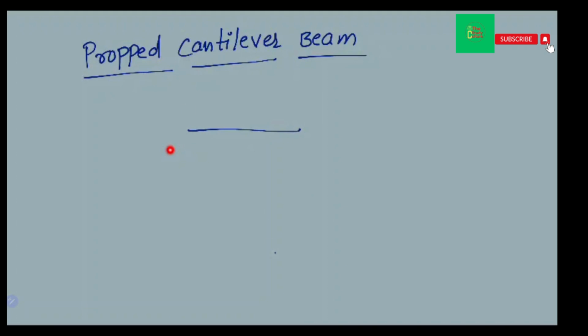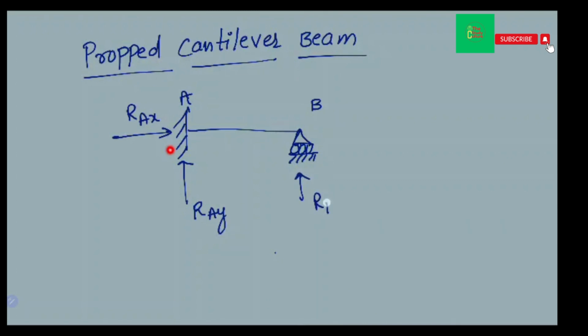Propped cantilever means one side is fixed and the other side is a roller or hinged support. It is called a propped cantilever beam. This is A and this is B. Here are the reactions in the X direction, the horizontal direction, and reactions in the vertical direction. These two are reactions in vertical directions and there is a moment for the fixed side.